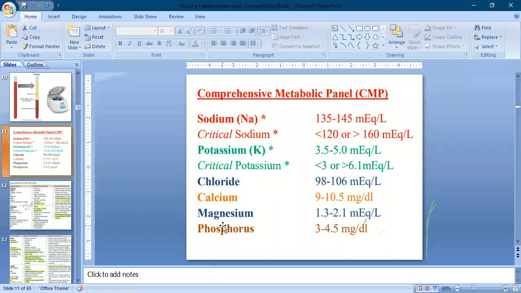So now let's go to magnesium. Magnesium is another important electrolyte for acid-base balance. The normal range of magnesium is 1.3 to 2.1 milliequivalents per liter. First of all, what are the normal functions of magnesium?